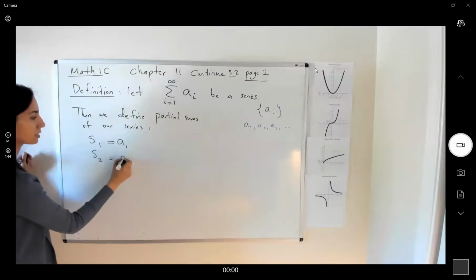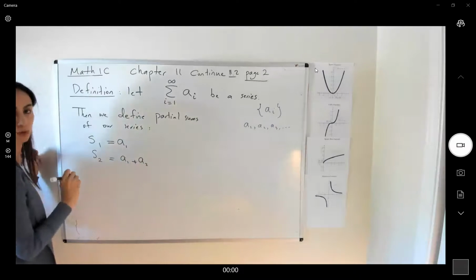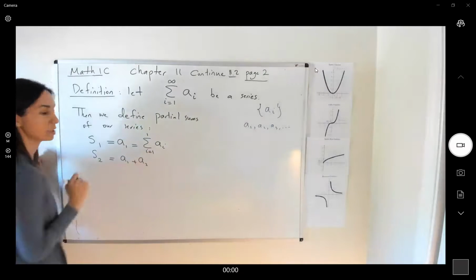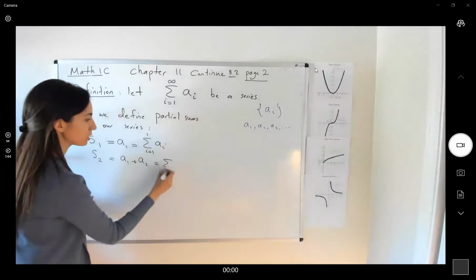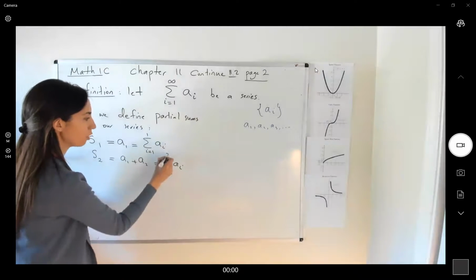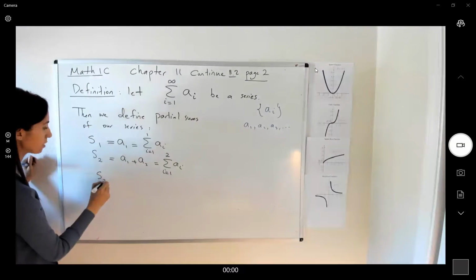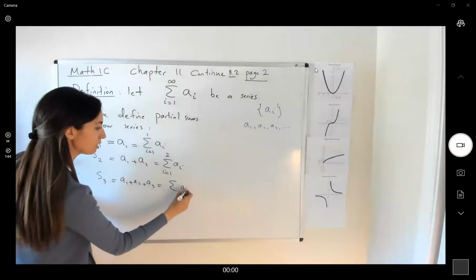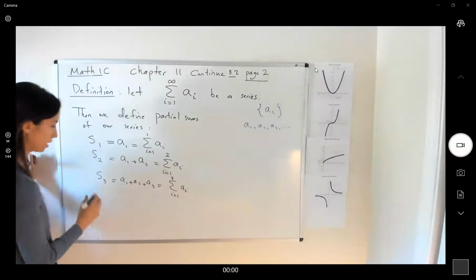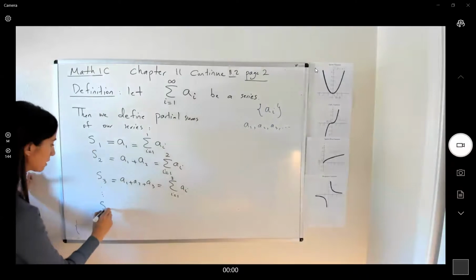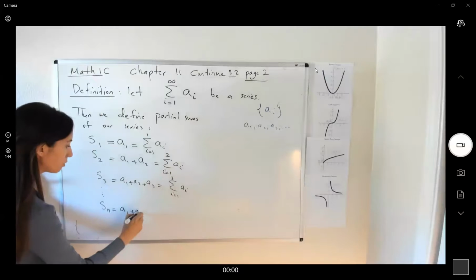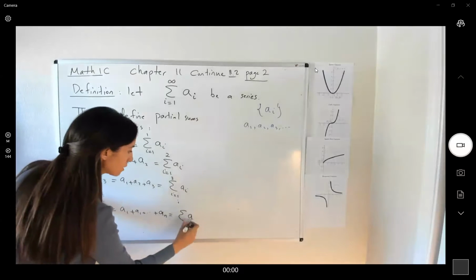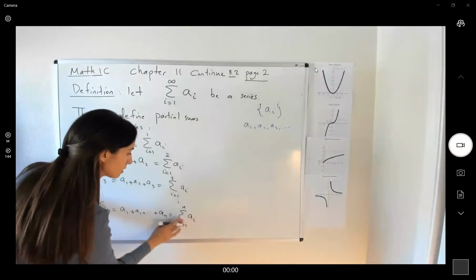S sub 2 is a sub 1 plus a sub 2, which is equal to the series a sub i from 1 to 2. S sub 3 is a sub 1 plus a sub 2 plus a sub 3, the series from 1 to 3. And we continue. S sub n is a sub 1 plus a sub 2 plus up to a sub n, which is our series a sub i starting from 1 and stopping at n.